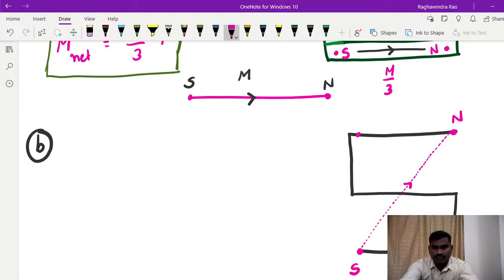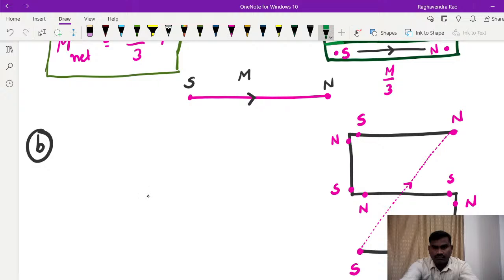Now this end will act as a north pole and this end will act as a south pole. Because of this bending, each part of the magnet acts as a dipole, looking like this.